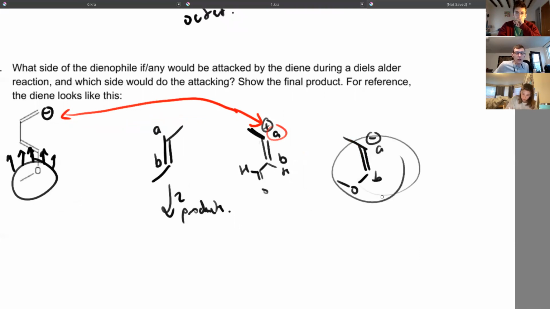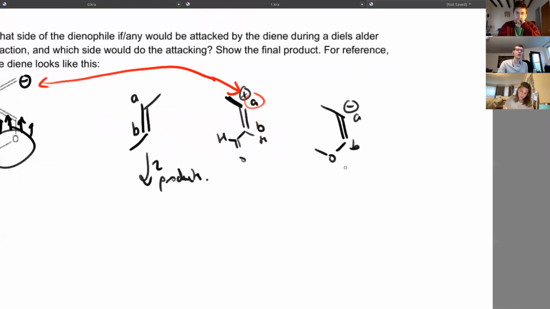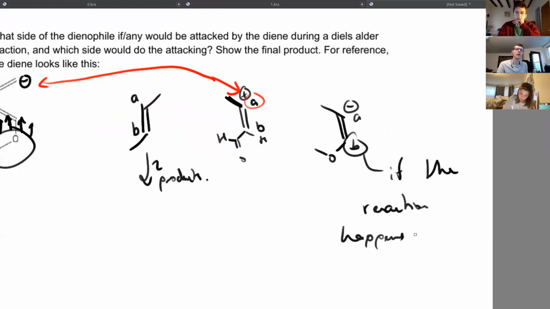Yeah, it would attack on B. So it would, but this reaction probably won't happen at all. So in this case, it'll be B if the reaction happens at all. Is it because they're both nucleophilic? Yes, exactly.